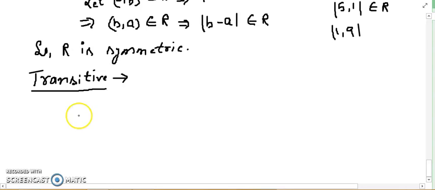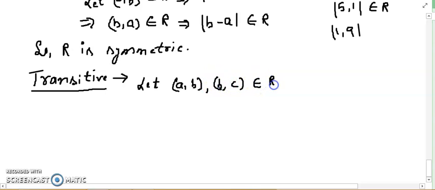Let (a, b) and (b, c) belong to the relation.